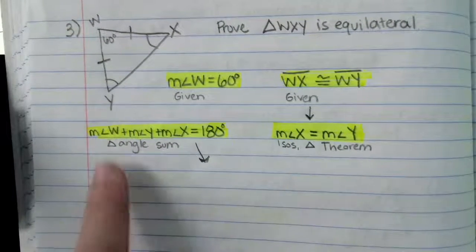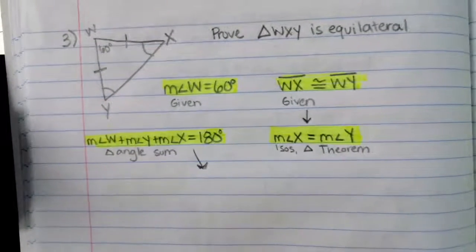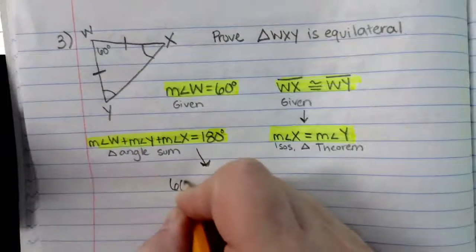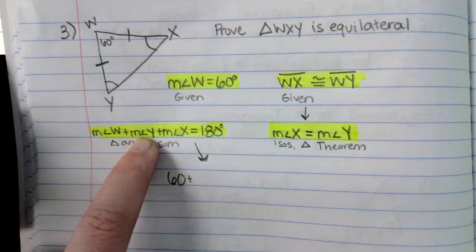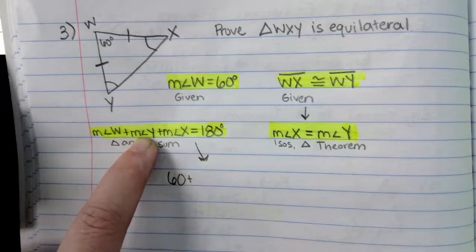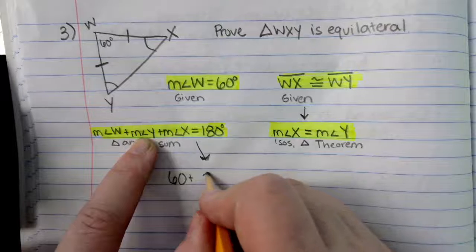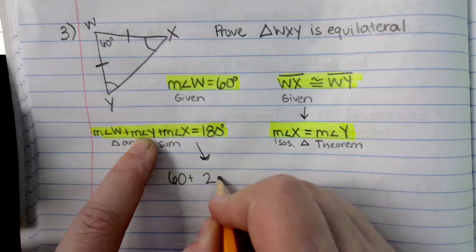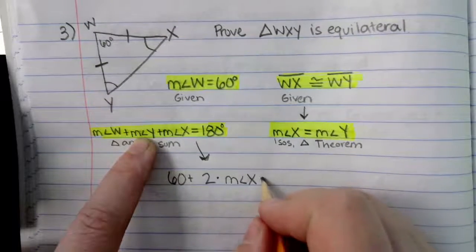So instead of measure of angle W, what do we know angle W is? 60. So let's say 60 plus measure of angle Y, but what do I know measure of angle Y really is? X. So these are really the same. So I could write it as 2 times the measure of angle X, because they're really the same.